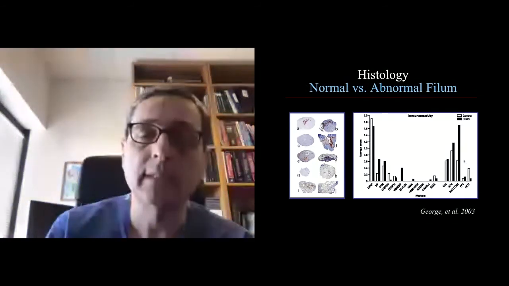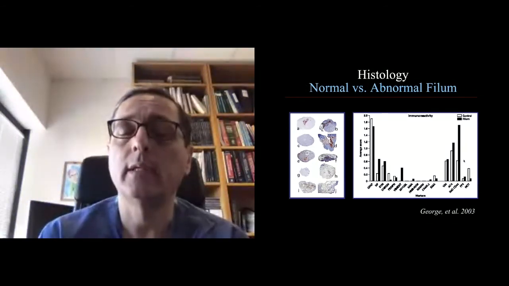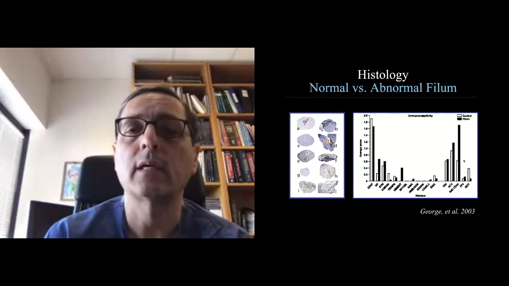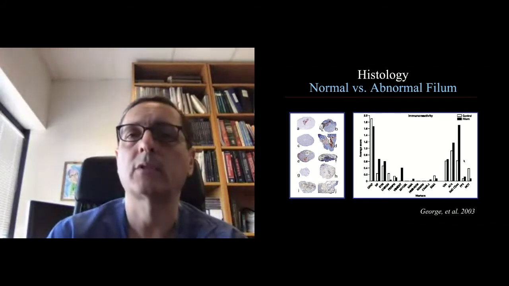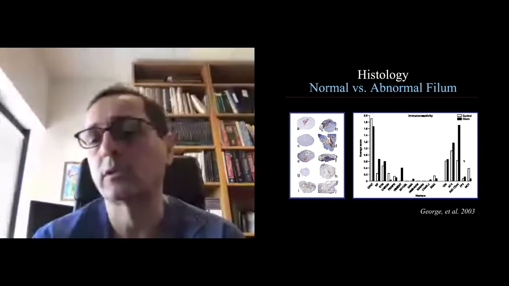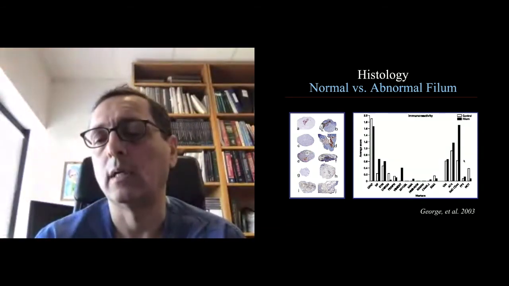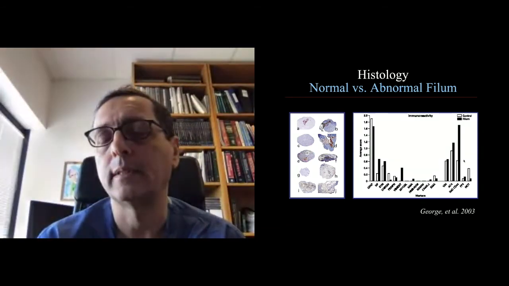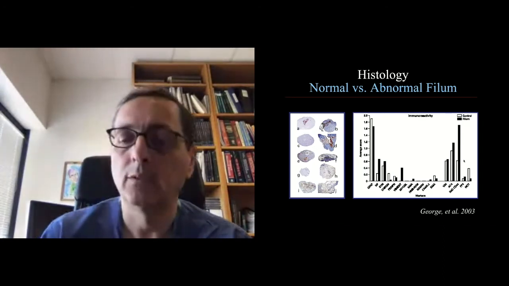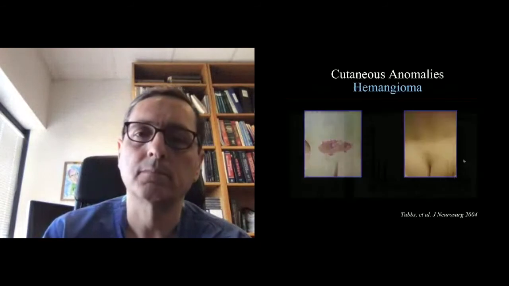This is a paper by Tim George where he looked at the filums, and what he identified is there are histological differences between an abnormal filum that causes a tethered cord and a normal filum that does not cause a tethered cord. And so this is an example of one of the many contributions that Tim has really made in these fields.